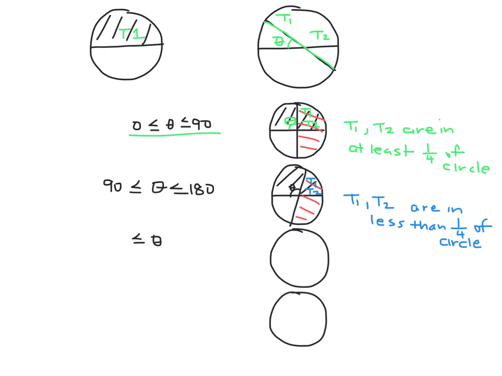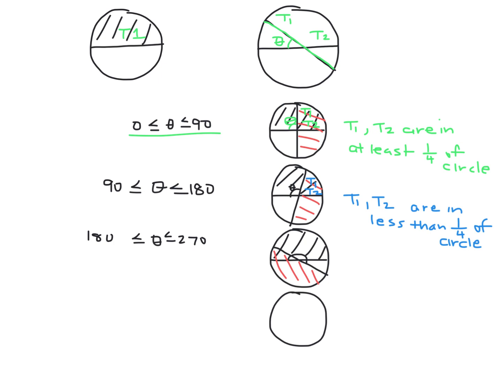What happens in this scenario? Well, theta is between 180 and 270. Well, now the theta is, let's say something like this, where this is theta from here to here. So as you can see, it's greater than 180. So first you had that area, and then you had the second area, which is this guy right here.